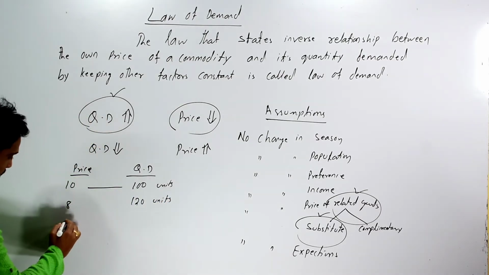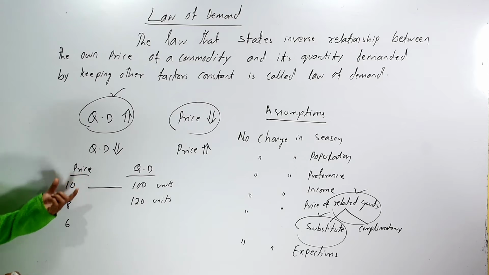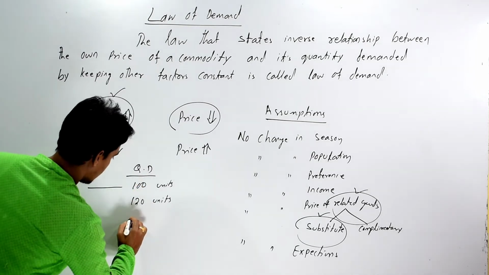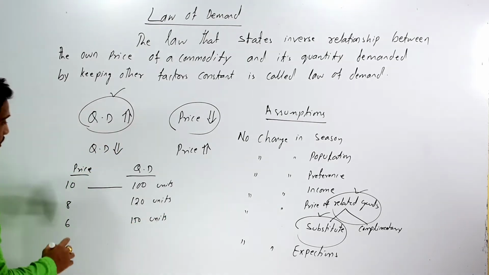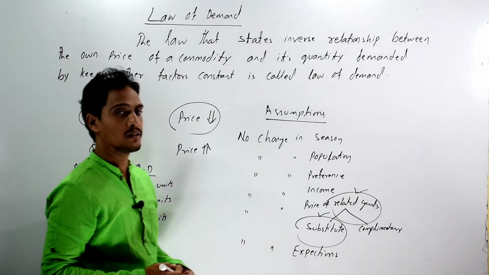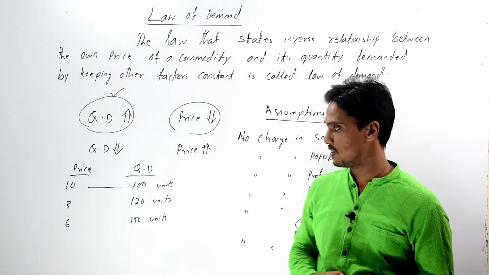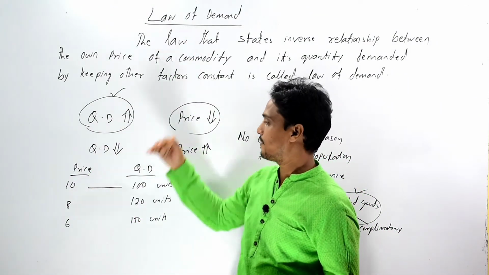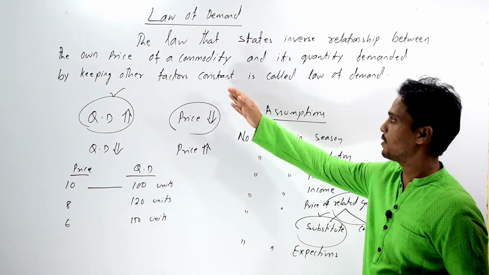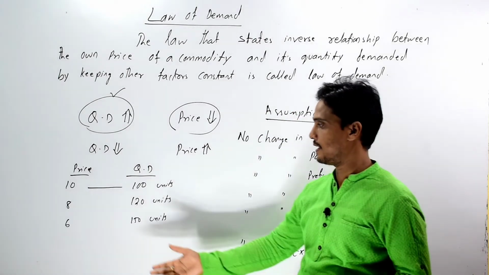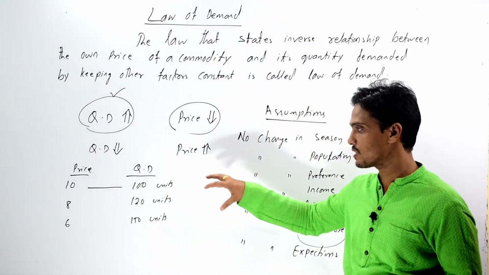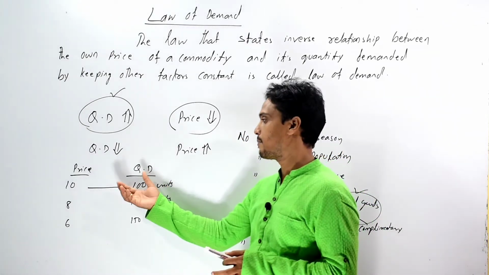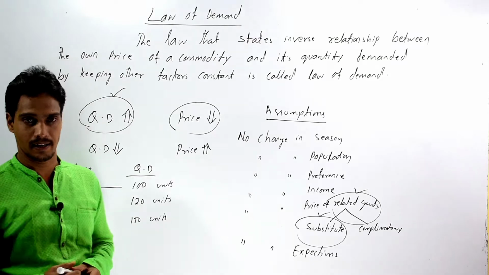If the price decreases to 6, then quantity demanded may further increase to 150 units, and when price increases, the quantity demanded decreases. So this indicates an inverse relationship between price and quantity demanded.